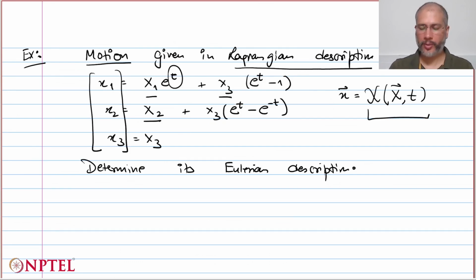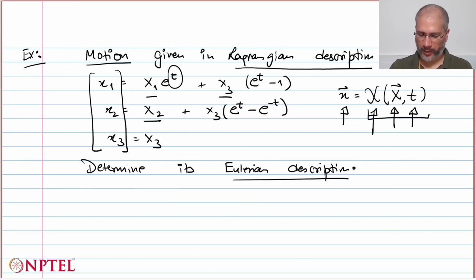There is nothing new in this problem except that we are wording the transformation differently. We are saying that the Lagrangian description of motion is given. So that means that you have the function chi given as a function of capital X and t, which basically gives you the small x. So now we have to find the Eulerian description.